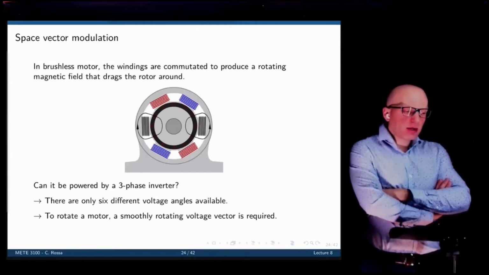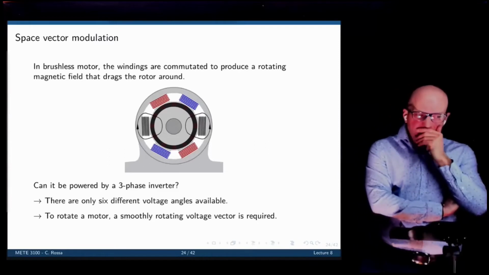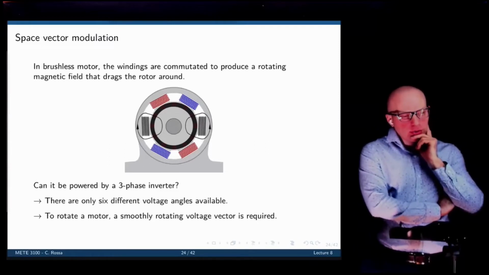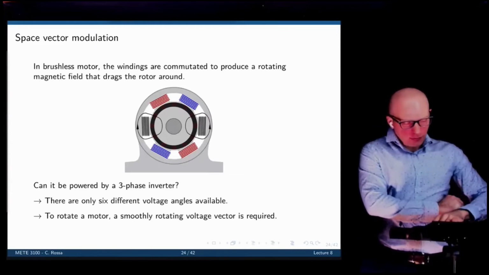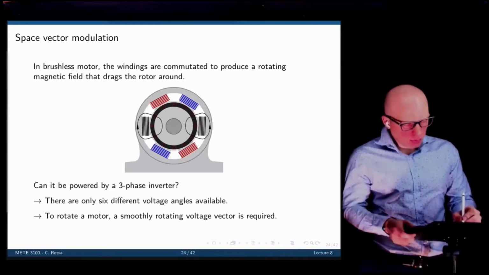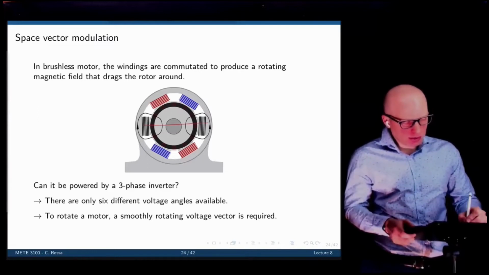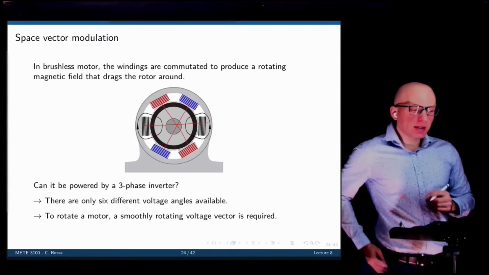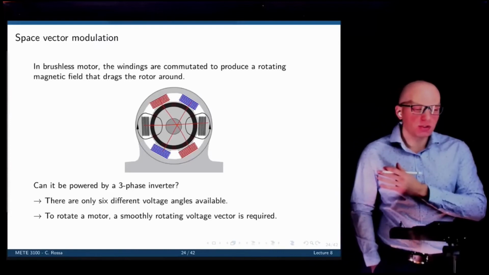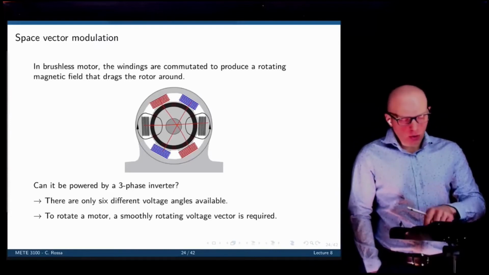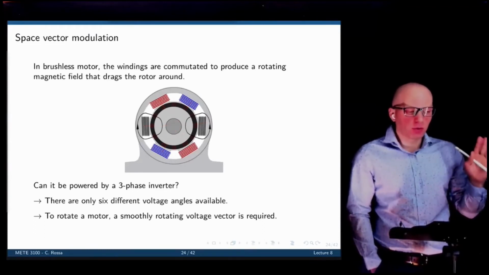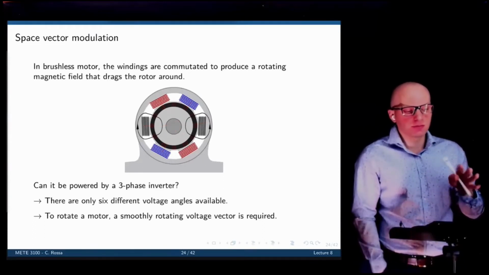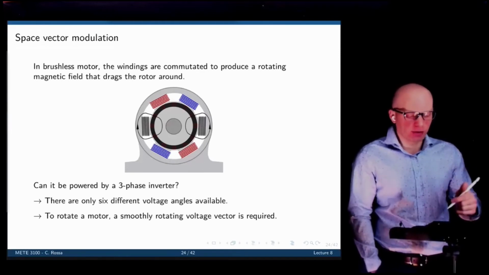If we take what we created before and try to power a 3-phase motor with that, having each of the 3 phases and 3 coils, we run into a problem. Let's assume, for example, that we have 3 coils oriented like that. According to the operating modes that we defined before, we only have 6 possible combinations of voltages that can be applied to this specific motor at a given time.